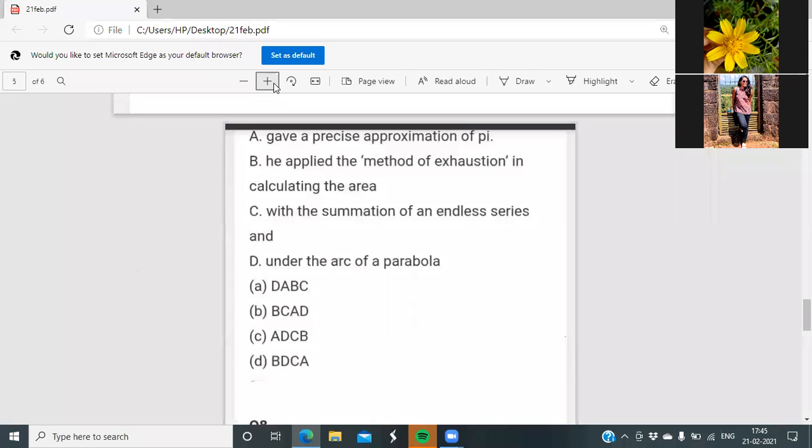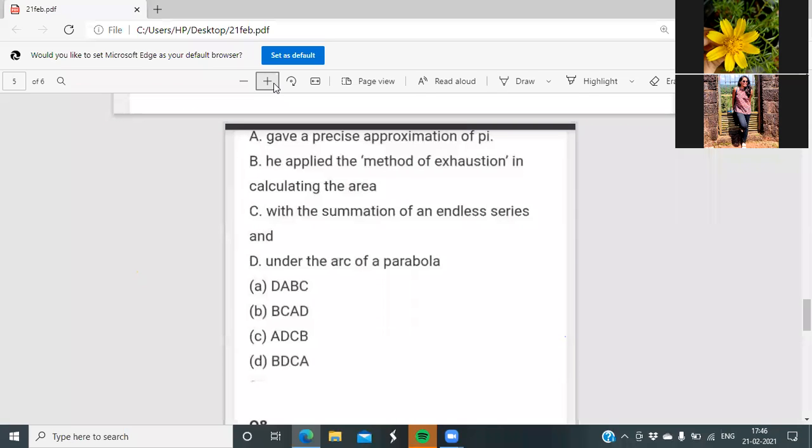So he applied the method of exhaustion in calculating the area. That's very much clear to us. Then it is stated under the arc of a parabola. Now we are explaining, under the arc of a parabola with the summation of an endless series and gave a precise approximation of pi.